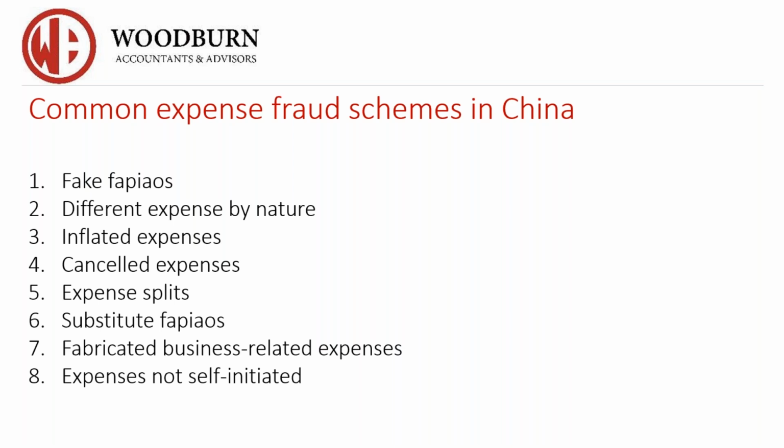They ask the restaurant's servers to print out a listing of all the dishes being ordered, swipe their cards to produce the POS slips, and then the restaurant issues the fabricated Fapiaos. Why would restaurants do this? Well, usually servers would get maybe, you know, a little bit of cash as a kickback in order to be able to do this.